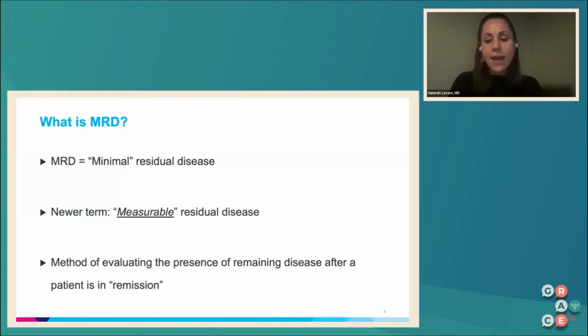So after a patient is given some initial therapy and has a very low level of disease or hopefully no detectable disease using some of our older assessment tools, we now can use this concept of measurable residual disease to evaluate whether there is any tiny little amount of disease left over that we wouldn't have been able to detect using our older methods.